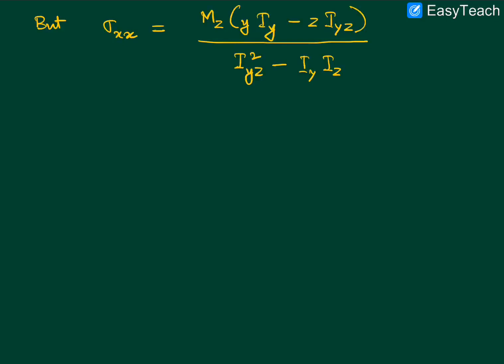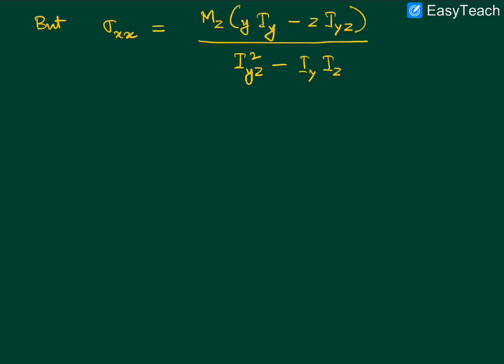Another important point is that here we have the expression for iyz present, because even though the y-axis and the z-axis are passing through the centroid, they are not necessarily the principal axes. So it is very much possible that iyz is not equal to 0.